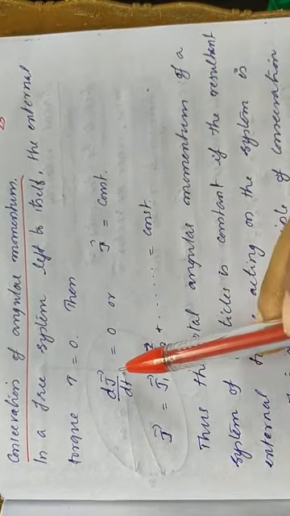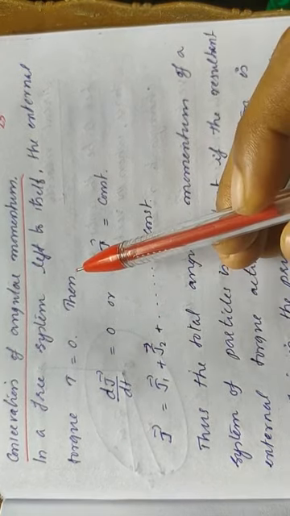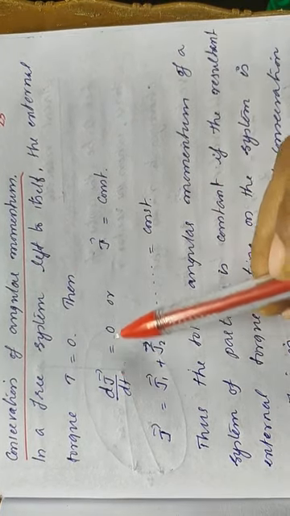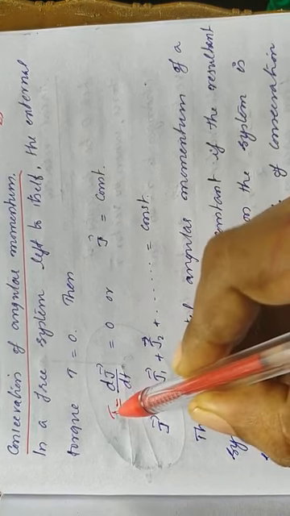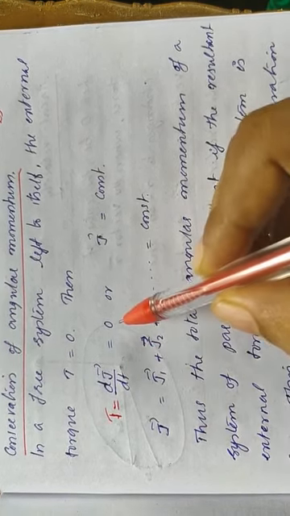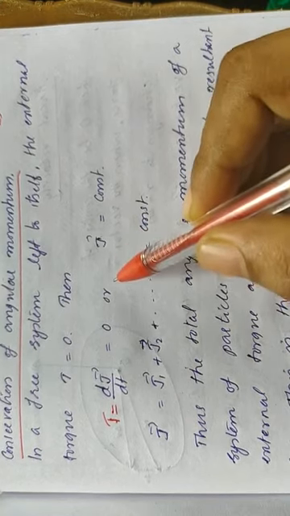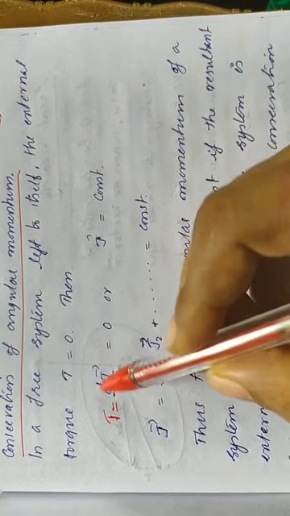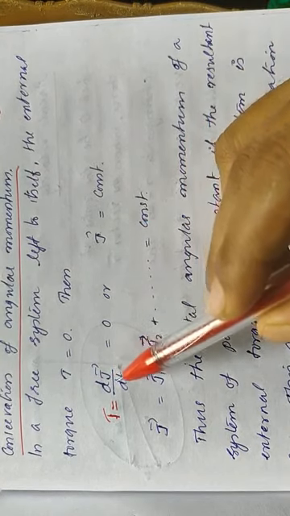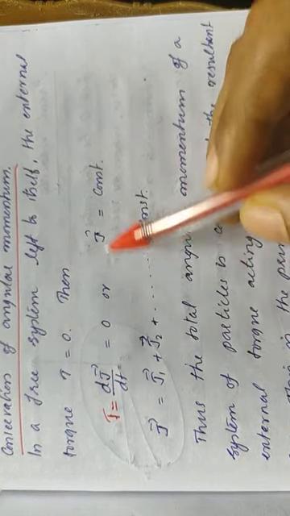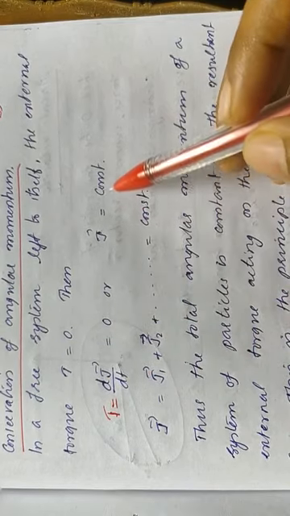So in that case, we can write dJ by dt is equal to 0. dJ by dt is nothing but torque. So torque is 0 means dJ by dt is equal to 0, which means J is constant. That is, the derivative of a quantity with respect to time is equal to 0 means that quantity is itself a constant.